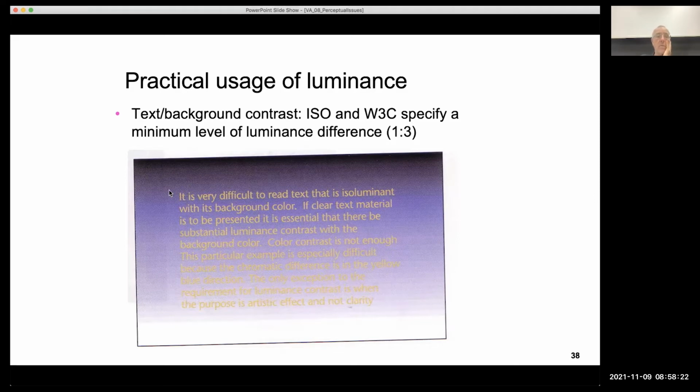If you want to produce a system for visually impaired people, this is the best choice you can have. It is very easy to separate these two colors, to read this it is better than black and white. Not so much, but it's a little bit better. But if the difference in luminance decreases, you are not able to read anymore.